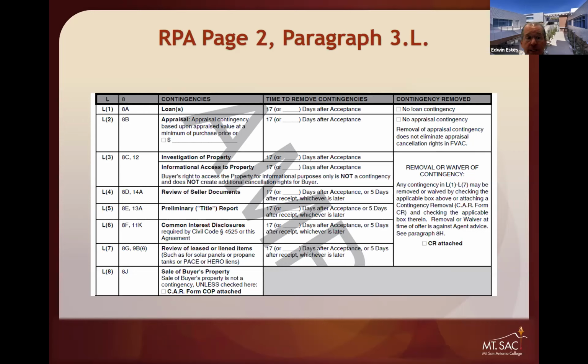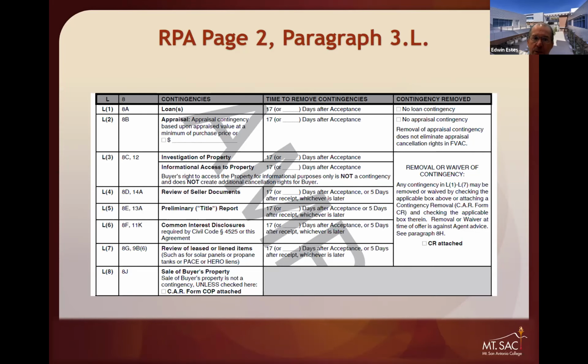Now, for the contingencies listed in L3, 4, 5, 6, and 7, if you want to release any or all of those, then over on column 5, you need to attach the contingency removal form, the CR form, all right? Those contingencies cannot be released with the offer, right?